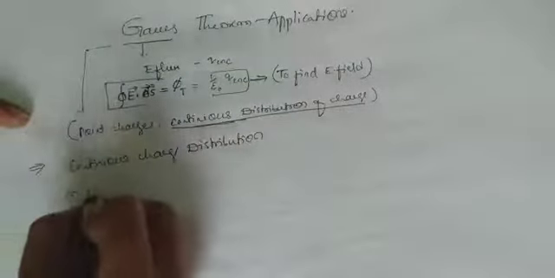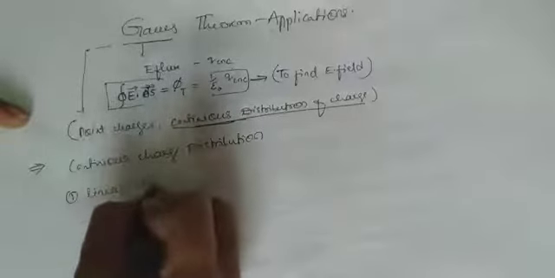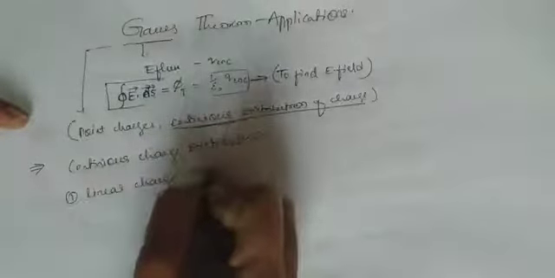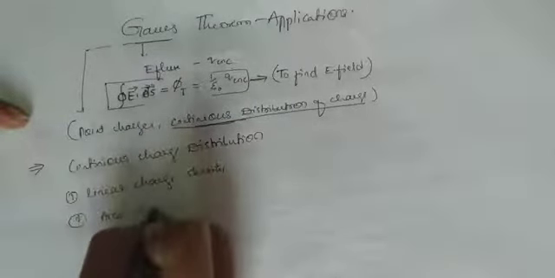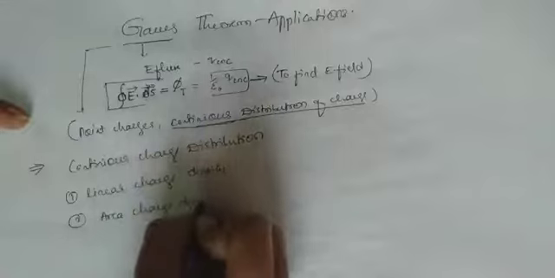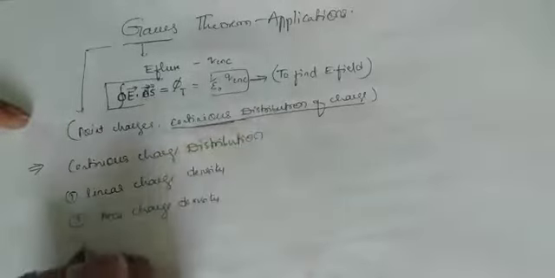First one is linear charge distribution, that is linear charge density, and areal charge density. Next, volumetric charge density.